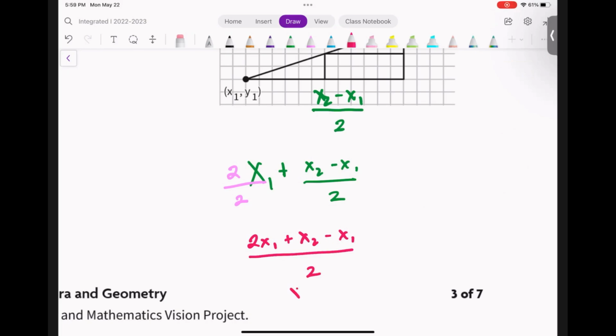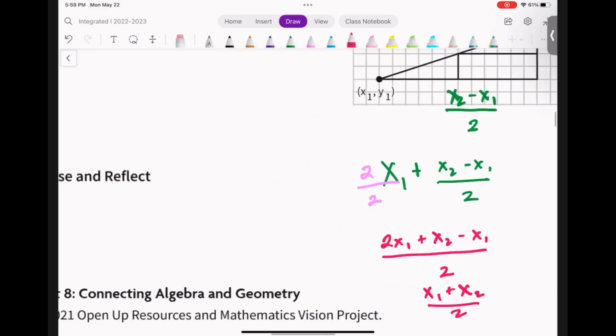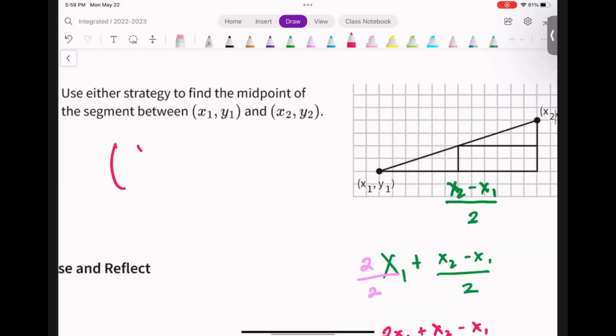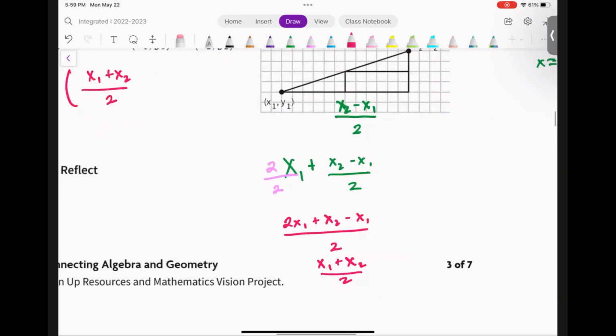So here it's going to be x1 plus x2 divided by 2. So that's my x coordinate. So my x coordinate is going to be x1 plus x2 divided by 2. Now you can do the similar thing to y, right? If you did this, you would subtract your y's.